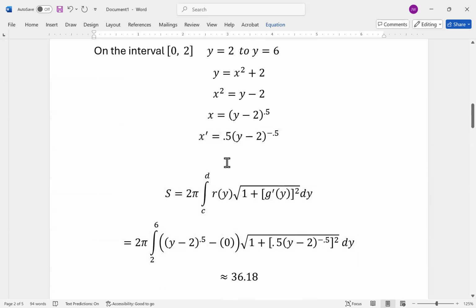And then when I take the derivative inside of the arc length piece, that would have been 0.5 times y minus 2 to the negative 0.5 power.